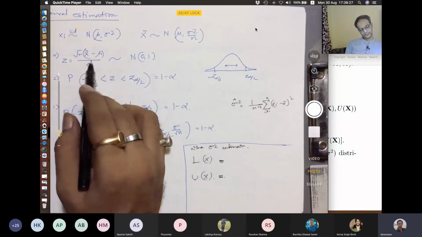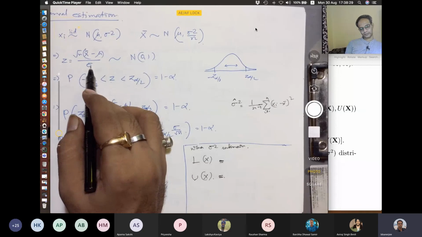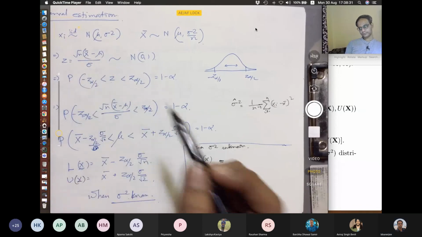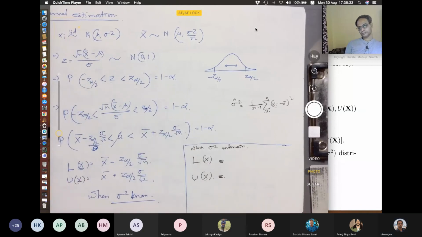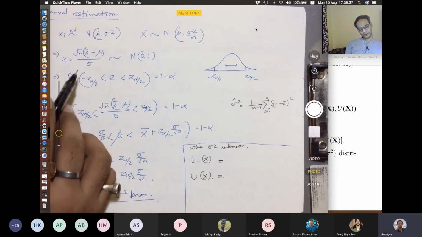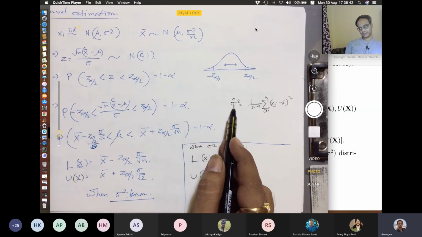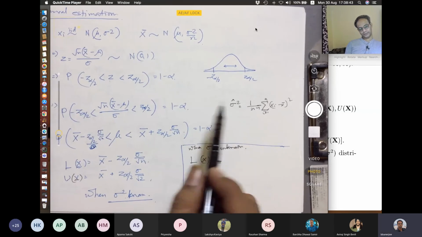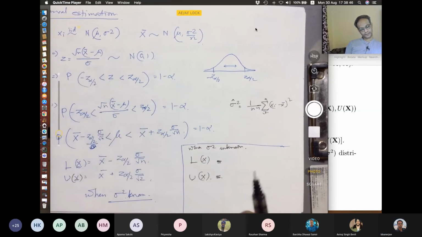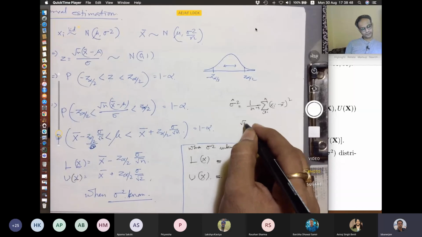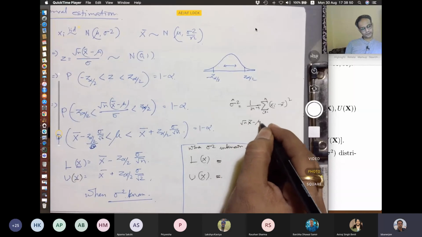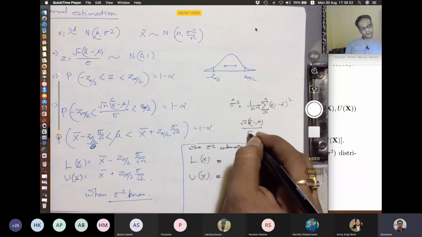So if you plug in sigma square hat here, what will be the distribution? Instead of sigma, if you write sigma hat, what will be the distribution of this expression, root n x bar minus mu by sigma hat?